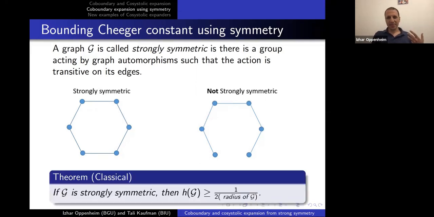A classical theorem says that if we start with a strongly symmetric graph, then the Cheeger constant of this graph is 1 over twice the radius of the graph.